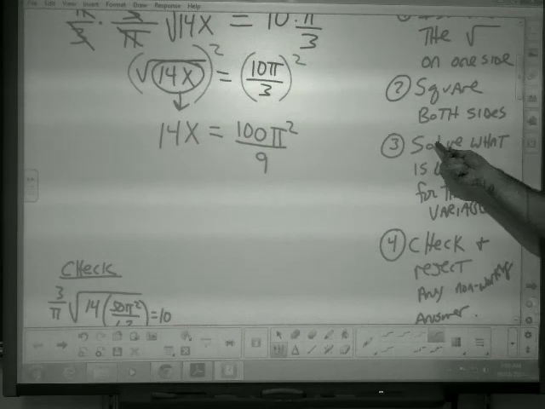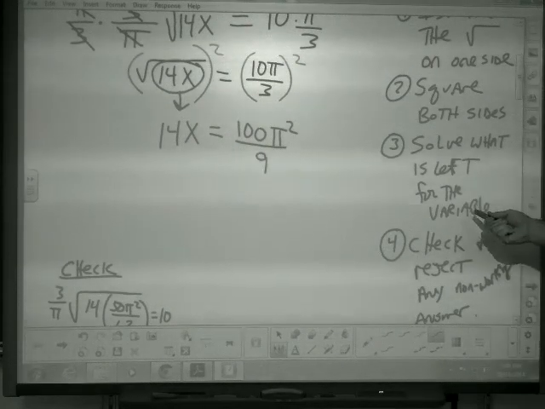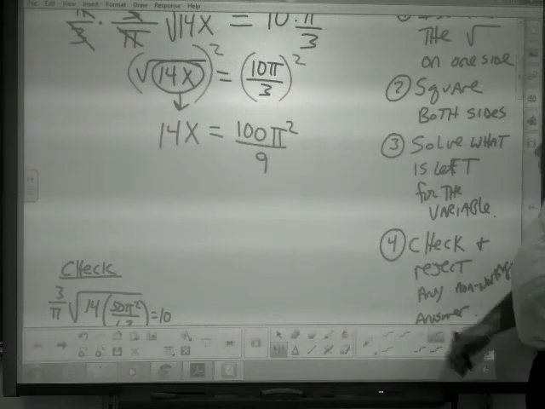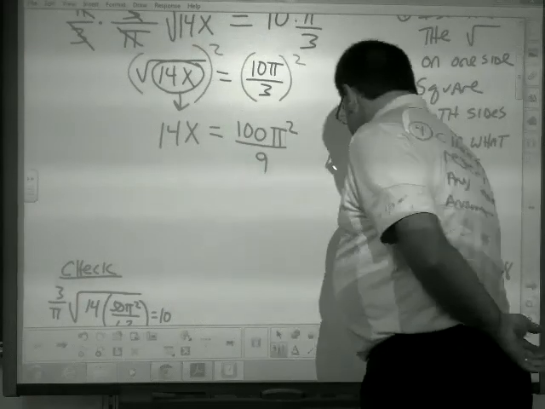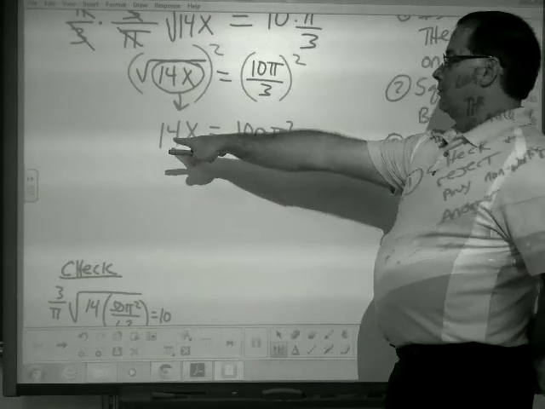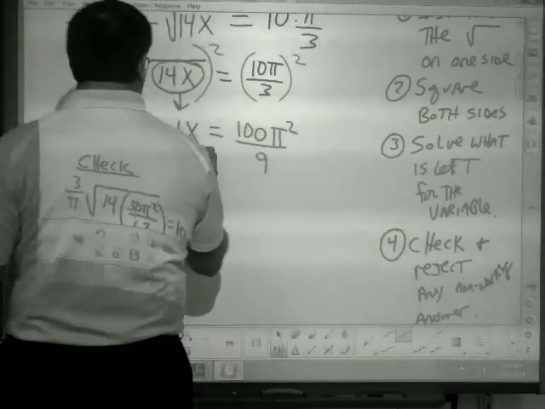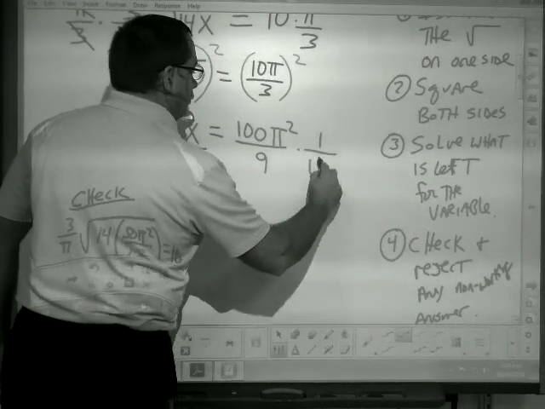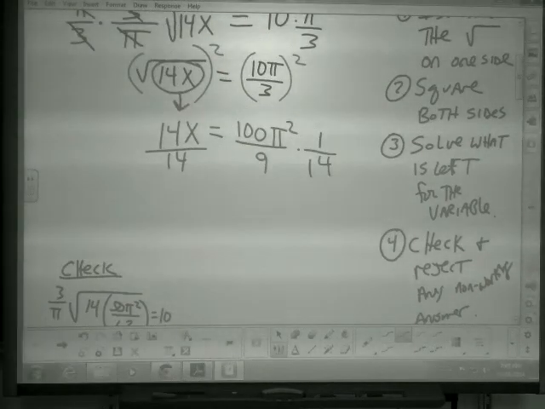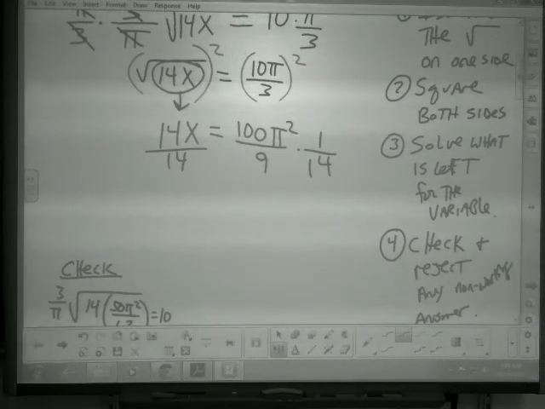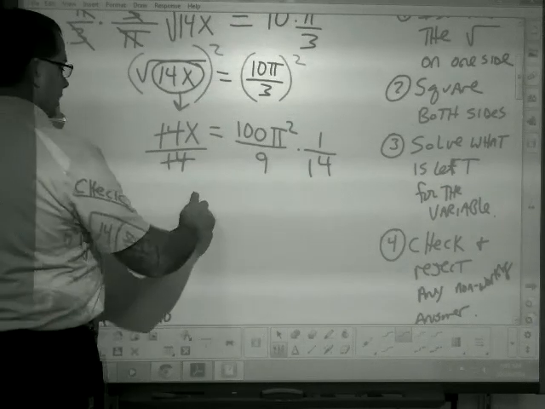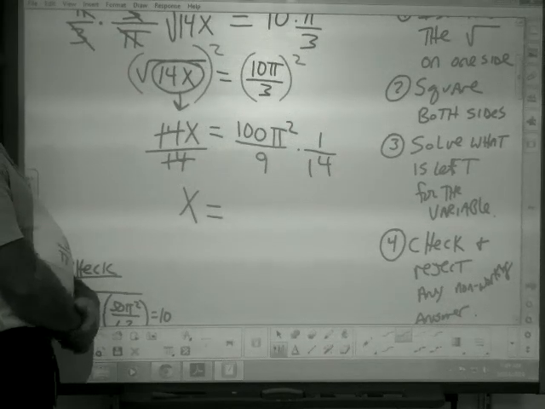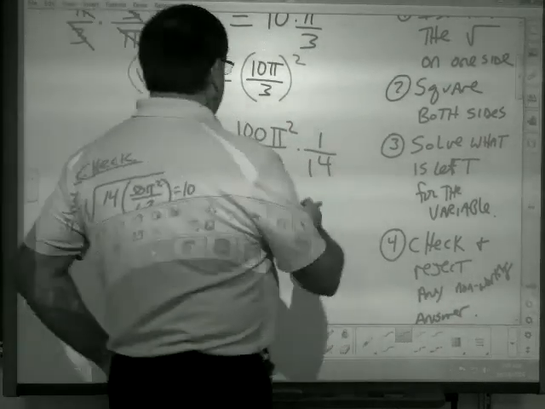Now, solve what is left for the variable. I've got to get rid of the 14 next to the x. So I'm just going to divide both sides by 14, which is the same as multiplying by 1 over 14. So x equals, well, I need to do a little bit of math here.